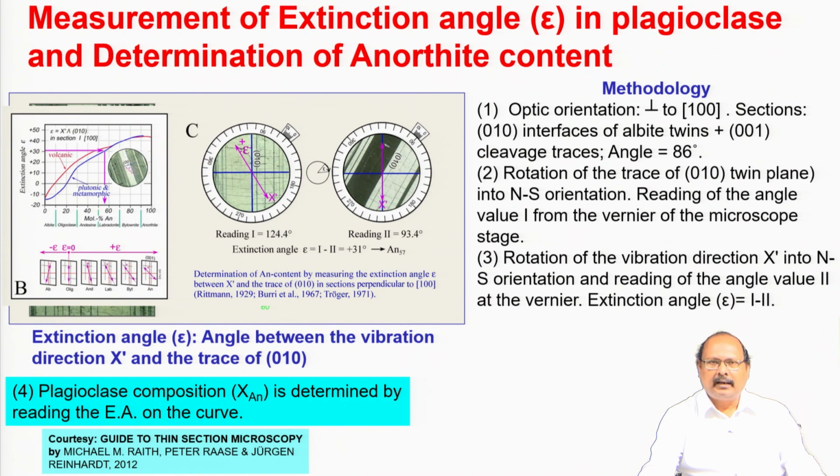I also have defined the concept of extinction angle and the different types of extinction that are possible in minerals, with different examples, and how to measure it. Hope this will be useful for you when you will be doing the hands on training with the microscope.